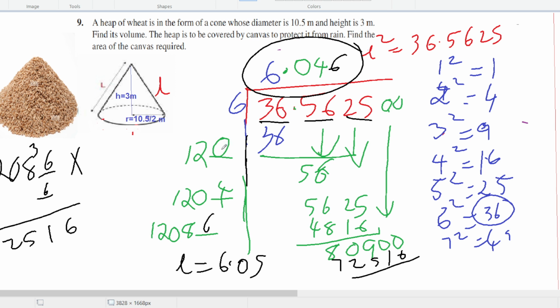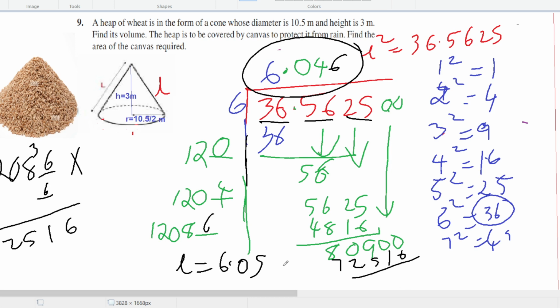Here no non-zero digit was apt for this, so I put 0, then 0, then next one 0 doubled, doubling 0 will be the same. Then next we have to find a number such that when you multiply that with that number it will give equal to this 5625 or less than. So we got less than, and it's going continuously.